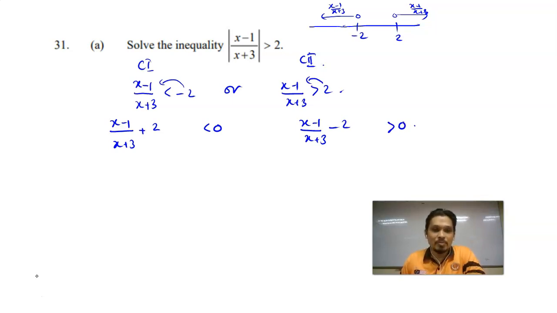The reason I give a space here is that I'm going to turn it into a fraction with a denominator of x + 3.